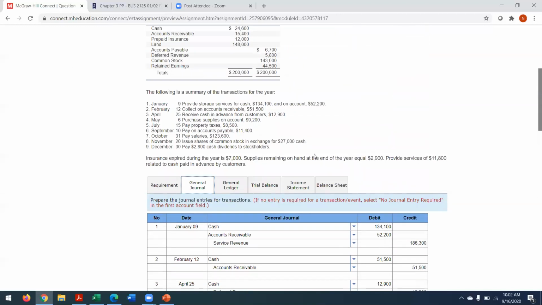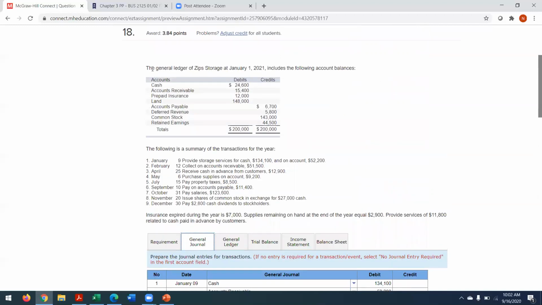Next, supplies remaining on hand at the end of the year equal 2,900. If we started with 0 supplies and we bought supplies of 9,200 and we have 2,900 remaining on hand, how much did we use up? 6,700.